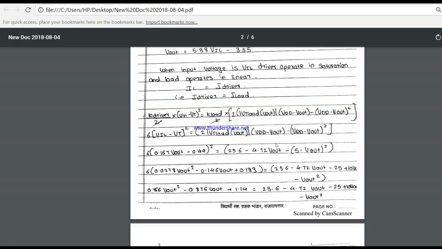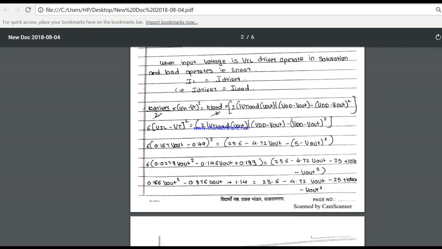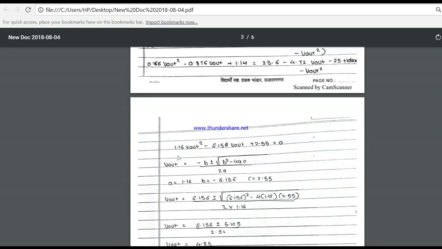Putting all the values we have from the specification and from the upper section, we'll get a quadratic equation, that is 1.16 V out squared minus 6.15 V out plus 2.55 equals 0.